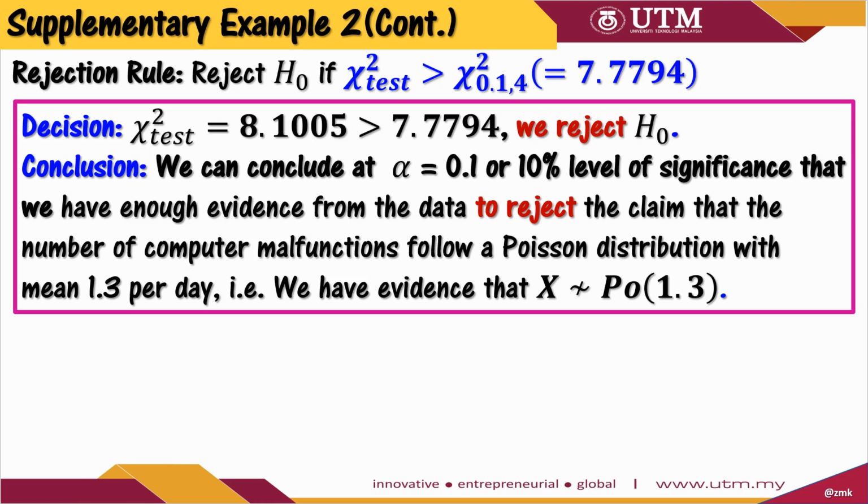That is, we have evidence that X does not follow a Poisson distribution with mean 1.3.